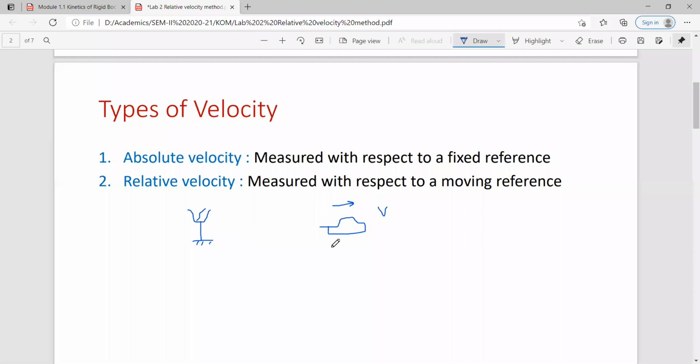You will note down that at a particular moment the position of the car is S1, as measured from the fixed reference, the tree. After some time, the car has moved to a new position.